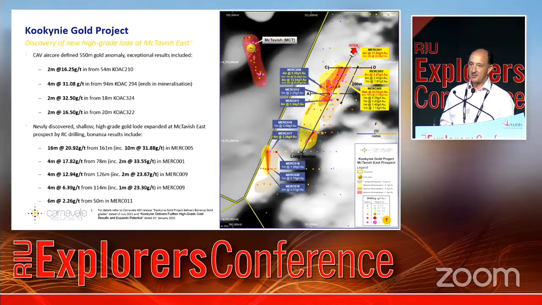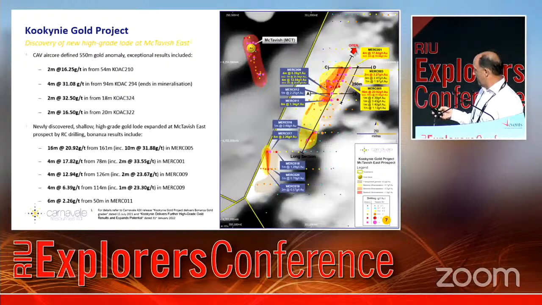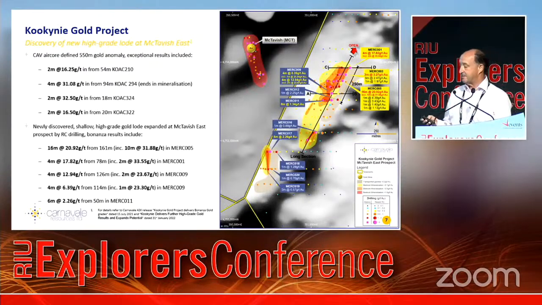So air core, we had substantial hits in the 3rd round of air core, so 2 at 16, 4 at 30, 2 at 32, and we defined an area that is about 500 metres long here, and a high-grade zone in the middle of 250 metres.